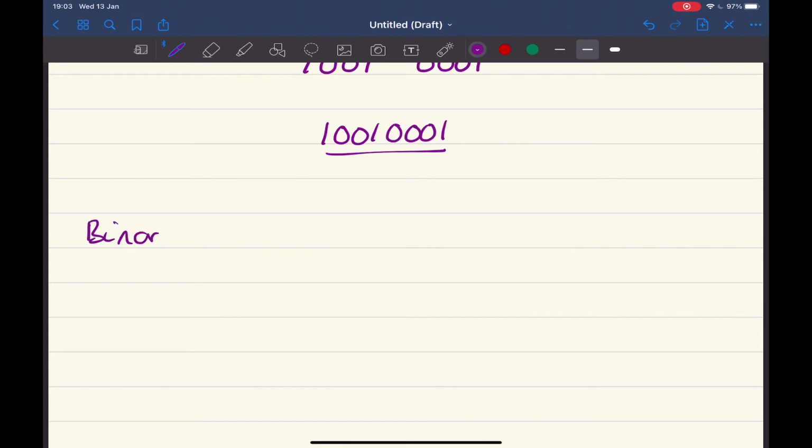So let's do binary to hex. Well, it's a similar process to what we've just done before, but we reverse what we do. Let me take this number here. Again, we count the 4, 1, 2, 3, 4. We put our line.